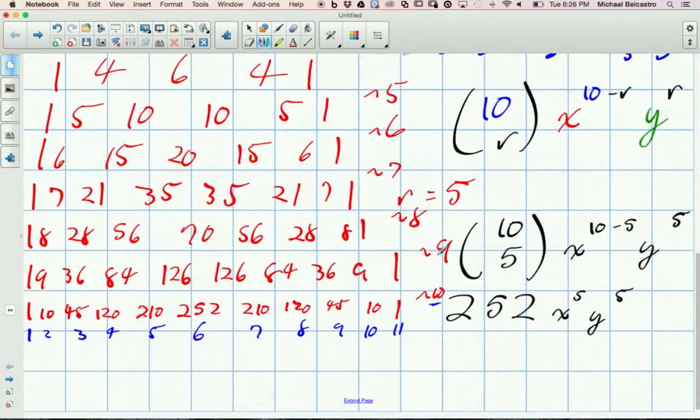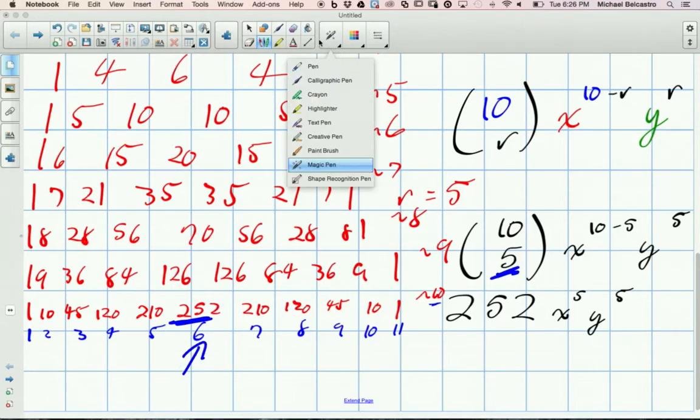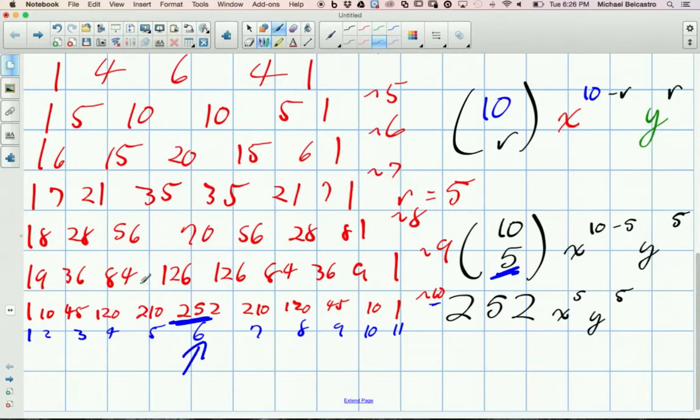So I should have been more direct in my question. When I say the combination of the 5th term, it's technically the 6th term in line, because of the way combinations count, the first term would be 0, then we'd have 1, 2, 3, 4, 5, 6, 7, 8, 9, and then here's 10.